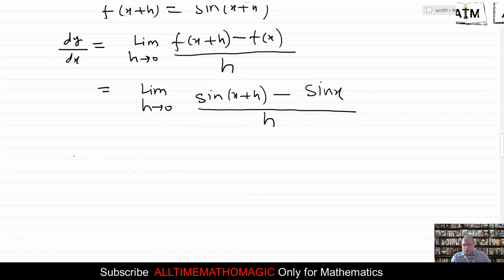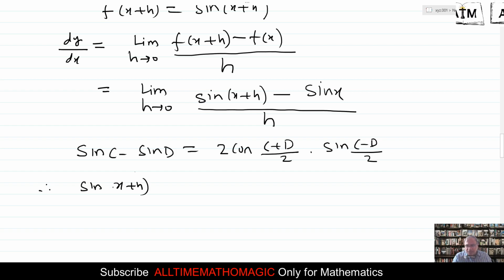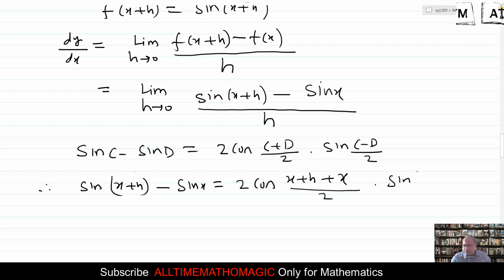Now we will use the trigonometry formula: sin c minus sin d equals 2 cos of (c plus d) by 2 times sin of (c minus d) by 2. Therefore sin(x plus h) minus sin x equals 2 cos of (x plus h plus x) upon 2 times sin of (x plus h minus x) upon 2.